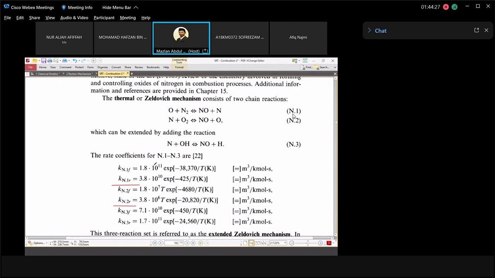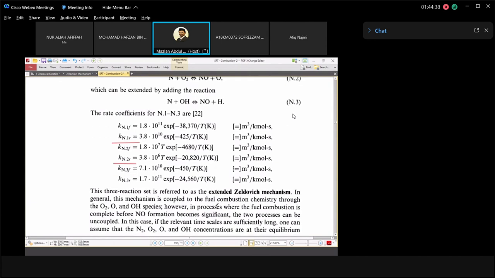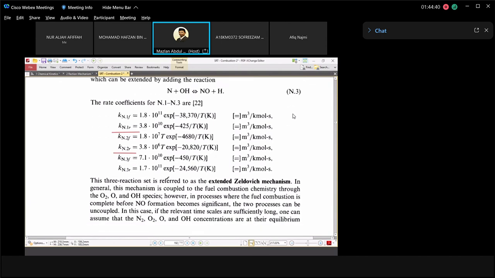So these values are obtained from experiment actually. What are the rate coefficients? This k, this value is obtained from experiment. This three-reaction set is referred to as the extended Zeldovich mechanism. In general, this mechanism is coupled to the fuel combustion chemistry through the O2, O, and OH species.